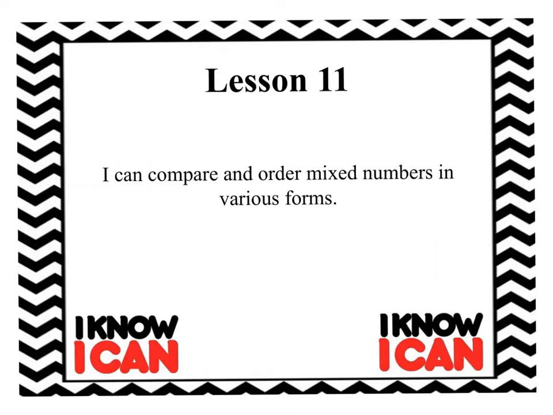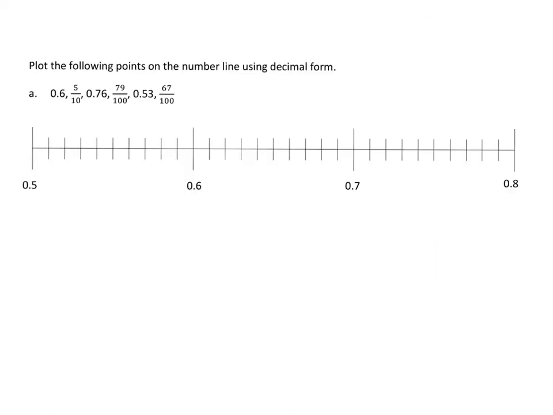So let's get started. Okay, so we're going to plot the following points on the number line using the decimal form. So when we're looking at this number line, we're going to be able to say which decimal is the least, and then we'll be able to see which is the greatest. We can see that we have 5 tenths, 6 tenths, 7 tenths, and 8 tenths.